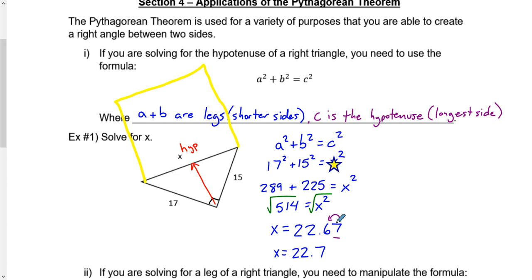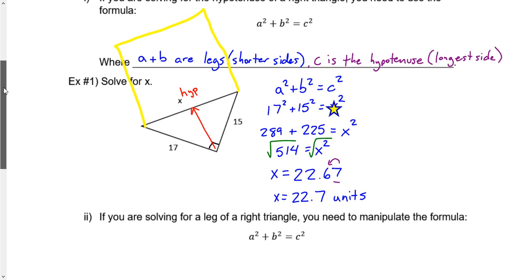In this case, we don't have any units, so we don't really need to. If you do include a unit, you can use the unit U, which literally just stands for units, whatever it is.